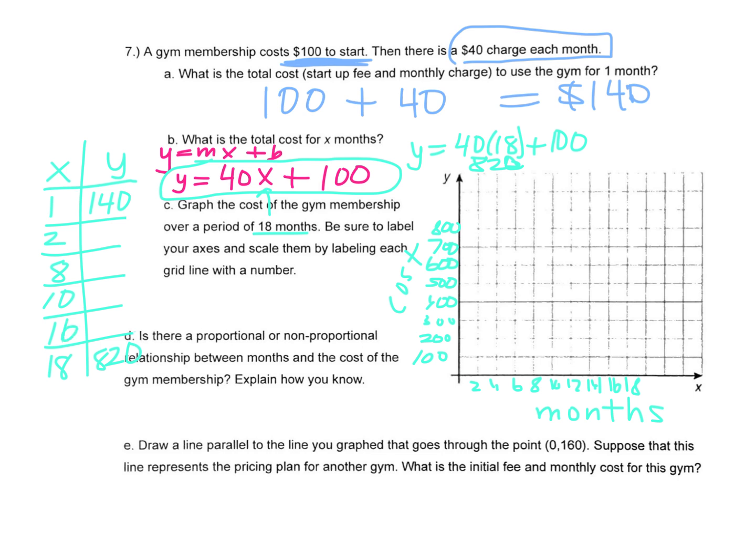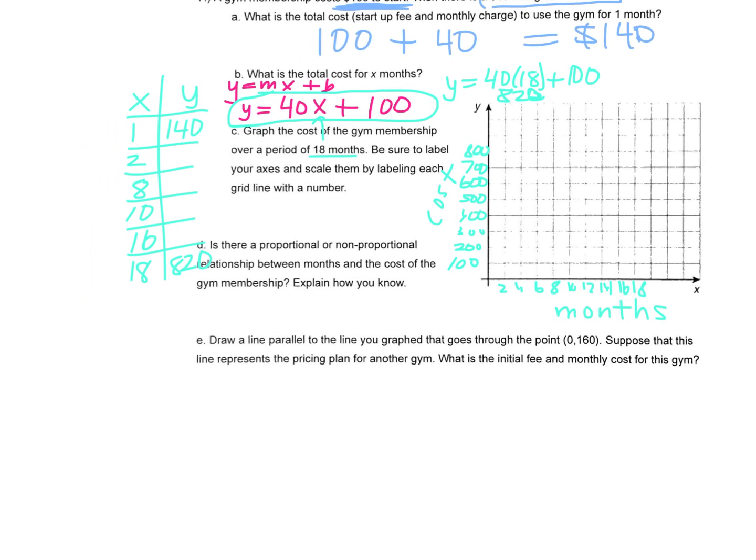If I just use my equation, then I can figure out what points I want to plot. So let's do 40 times 2 plus 100. 40 times 2 is 80, so that's going to be 180 for 2 months.